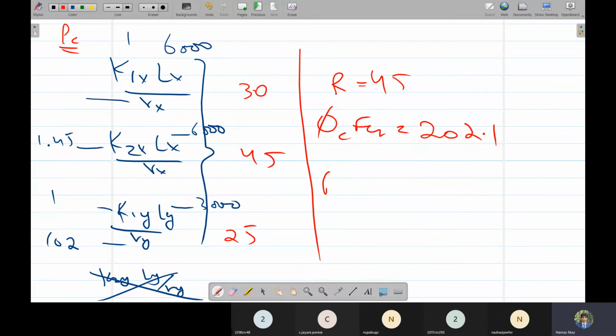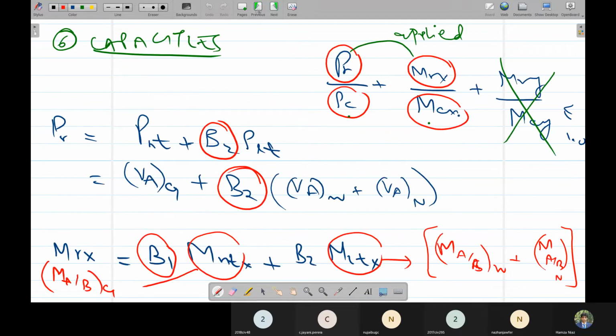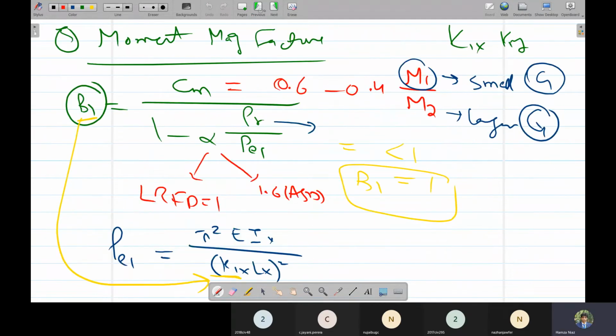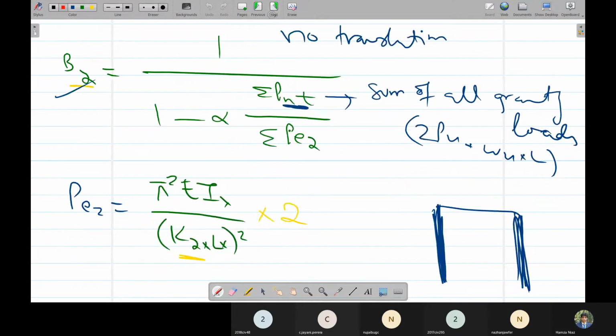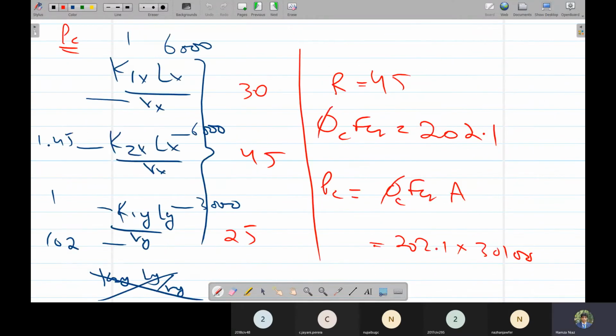So our capacity PC is equal to phi c Fcr times the gross area. If you multiply 202.1 times 30,100, check this from the table, we can get the value. It would be in newtons, divided by 1000 to get kilonewtons.